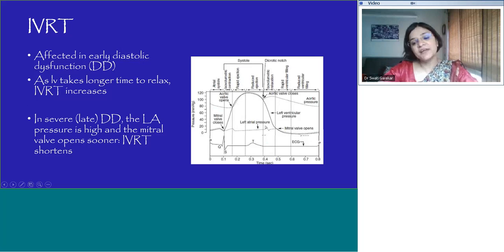But if the left atrial pressure is high, and that's what happens in severe diastolic dysfunction, then the pressure gradient between the LV and the LA pressure increases, and hence the IVRT decreases because the mitral valve opens sooner. Why does the mitral valve open sooner? It opens sooner because the left atrial pressure is higher. It pushes the mitral valve open a little sooner.